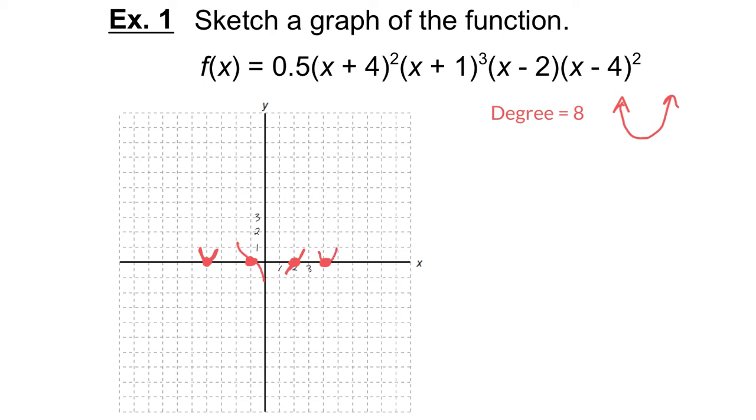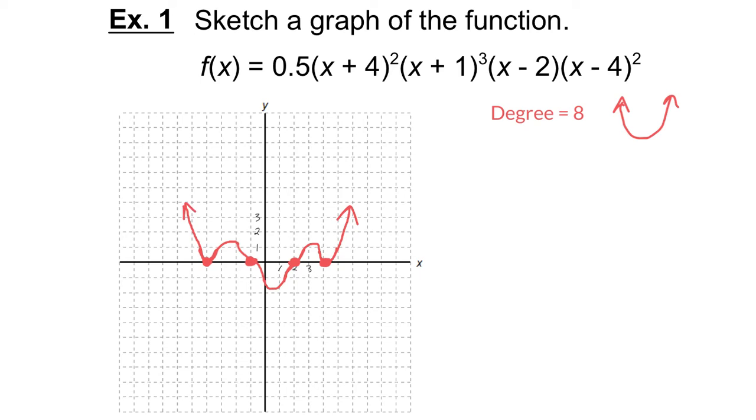So I've shown you what the behavior looks like at each x-intercept. Now I just have to put it all together. So my function's going to come in, turn again, go down and back up, straight through, down, twist, and back up.